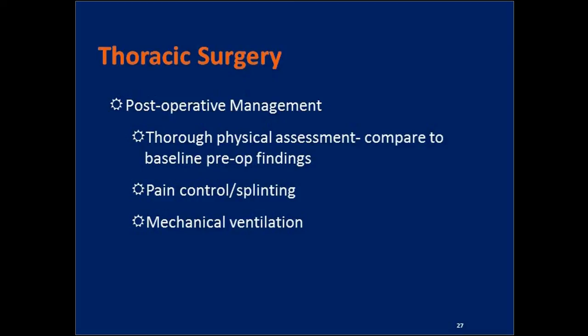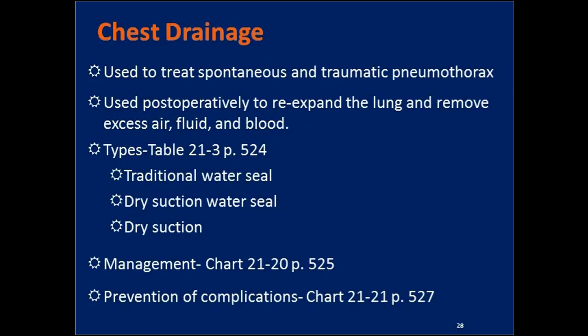So pain control, encouraging the patient to utilize pain medicine, ask for it, teaching him how to splint the incision, turn, cough, and deep breathe, getting them out of bed, if possible. CPT, suctioning. If they're mechanically ventilated, then implementing all of those measures to prevent pneumonia and enhance their oxygenation that we've already talked about.